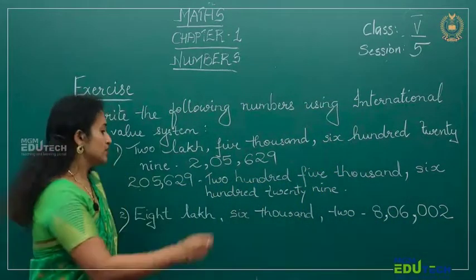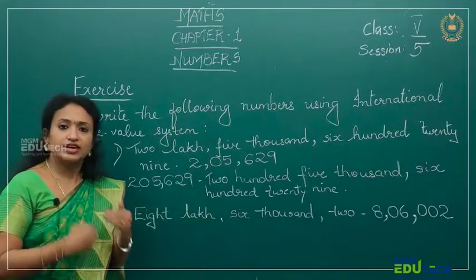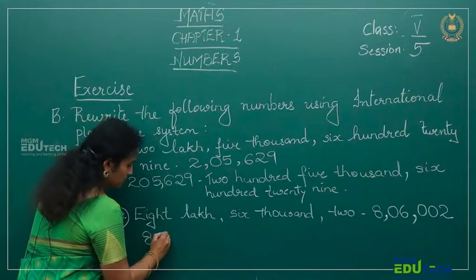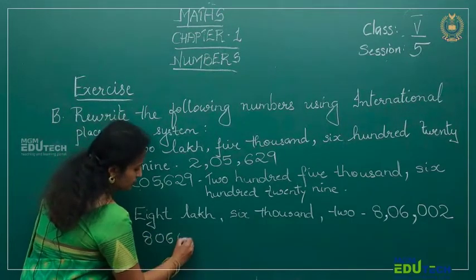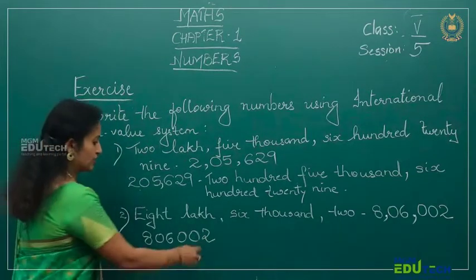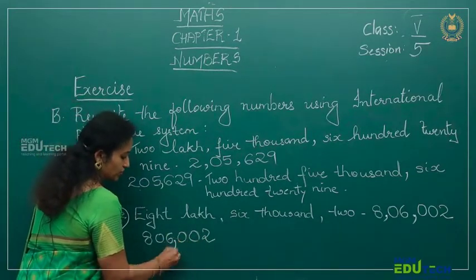Correct. Now next you have to write it in the international place value system. So write the number first. 806,002. Put the commas correctly. So 3 places you put a comma.